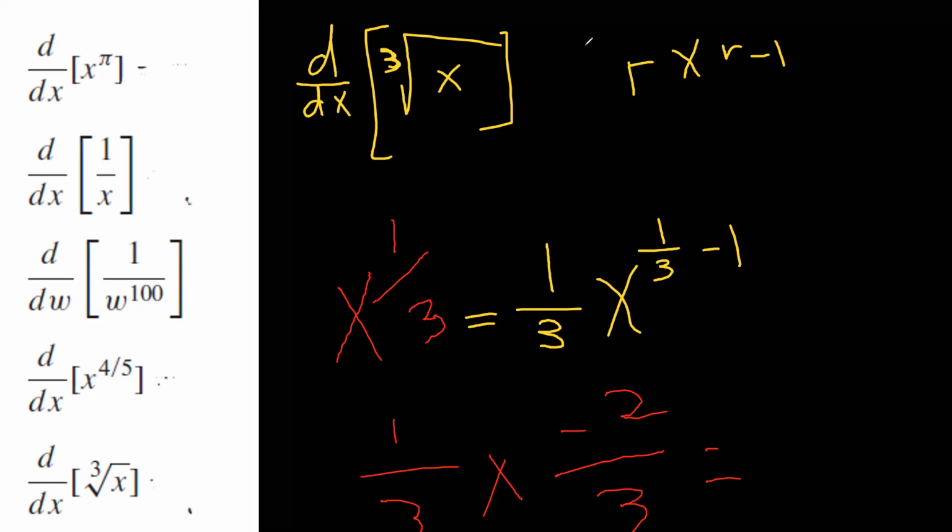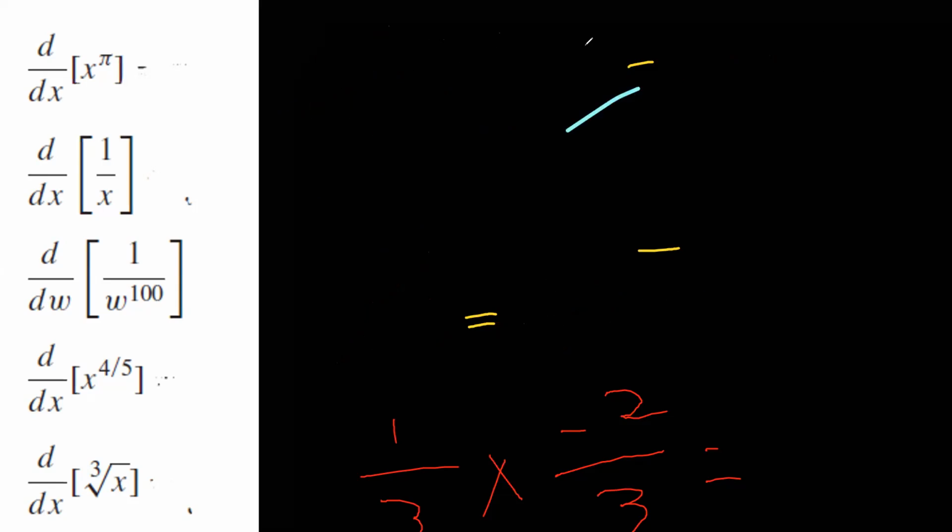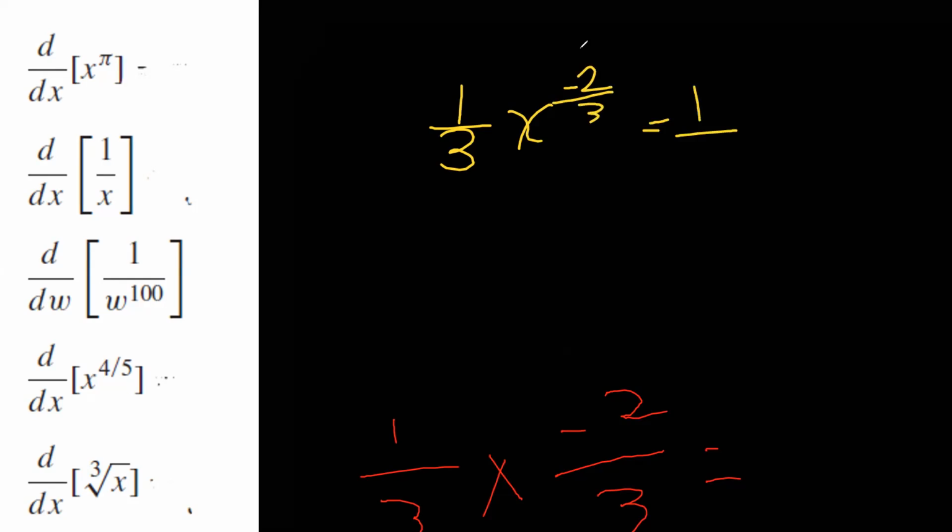Then if you rewrite it now, it will be 1/3, and x to the negative 2/3 you will write as 1 over x to the power 2/3. Okay, thank you.